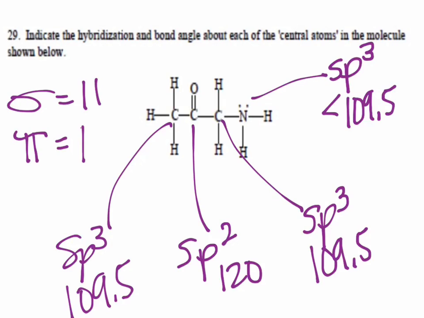How do I know it's a pi? A double bond is made of 1 sigma, 1 pi. Oh, any double bond? Any double bond is made of 1 sigma, 1 pi. Any triple bond is 1 sigma, 2 pi's. Any questions on that? All right, that's it. Molecular orbital theory is out of there.